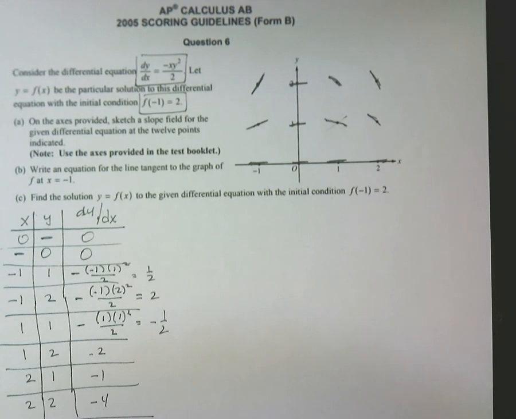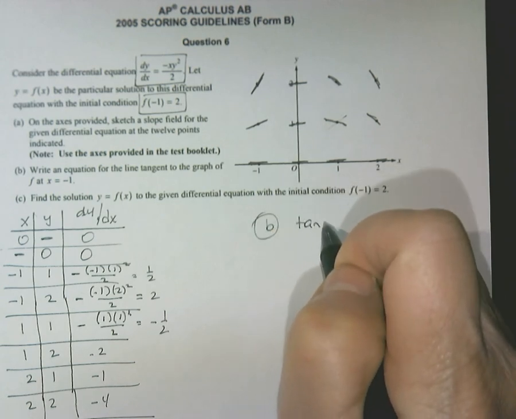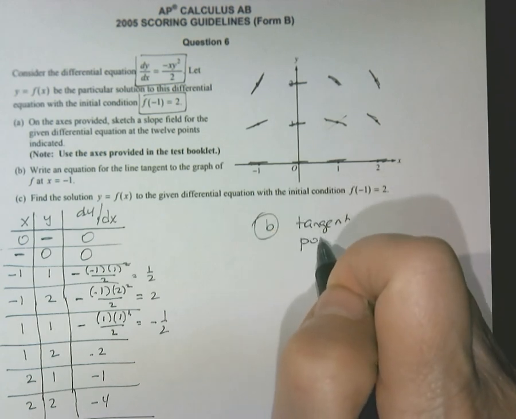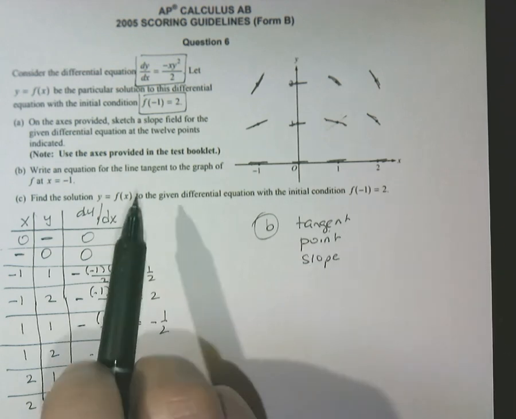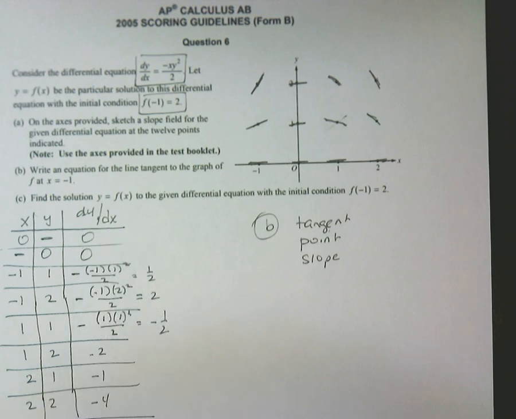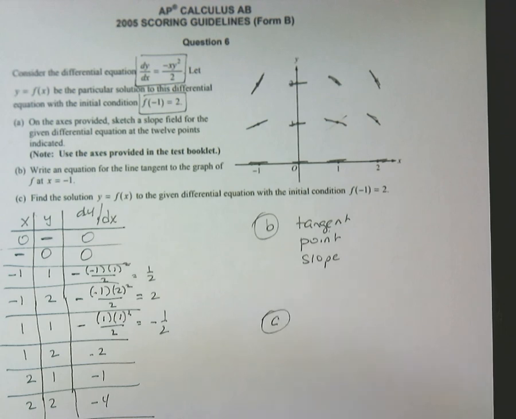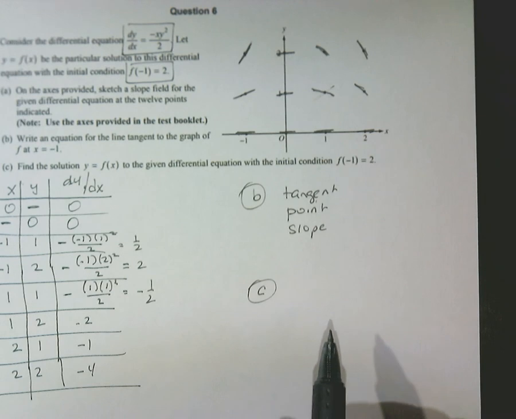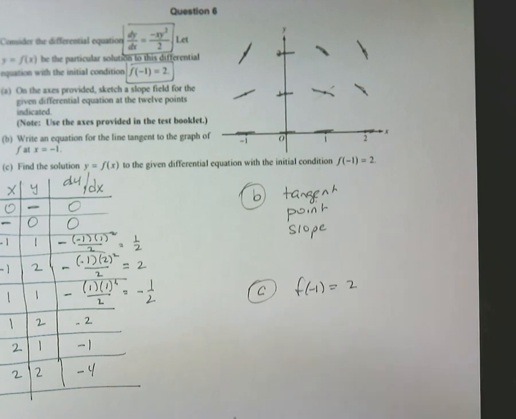And I don't want to take the time today, but the next question asks you to write an equation for the tangent line to the graph of f of x at x equals -1. So to write a tangent line, you would need a point and you would need a slope. Well, we have the slope, that's dy/dx. So we would need a point. So the next part is you want to find the solution with the initial condition f of -1 equals 2.